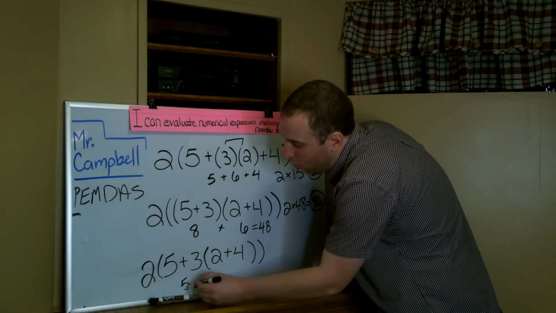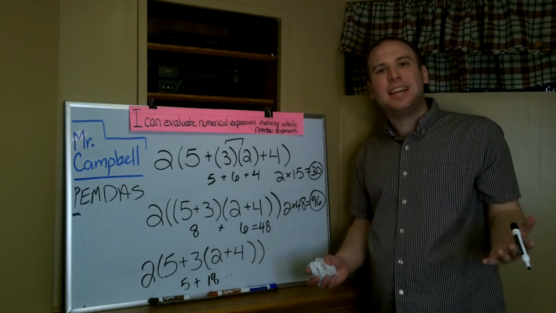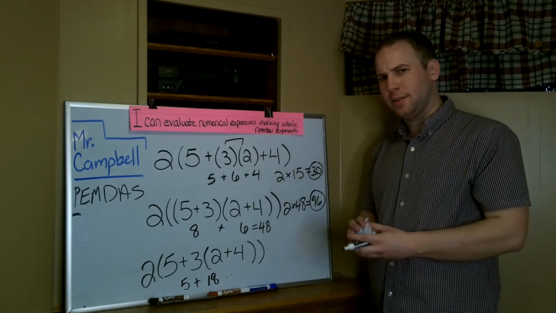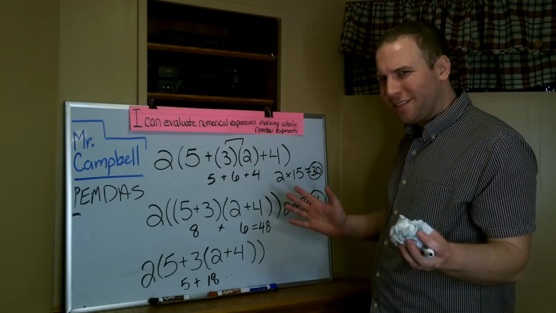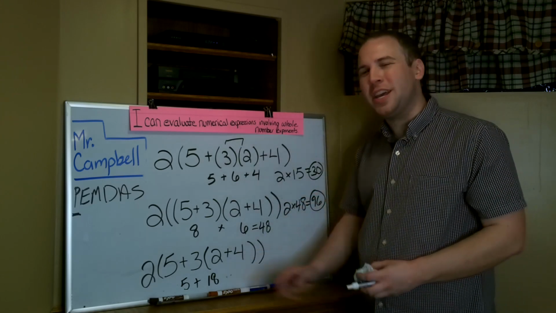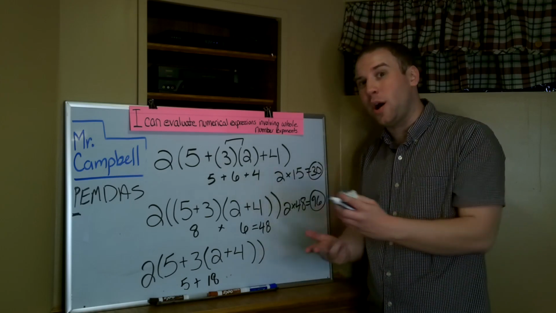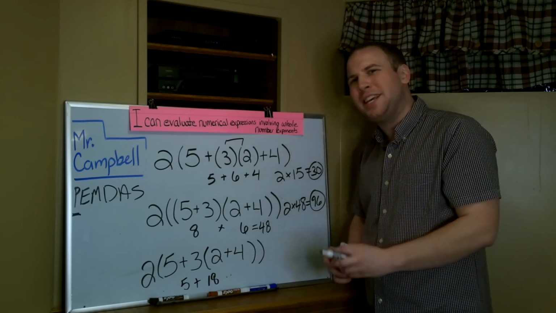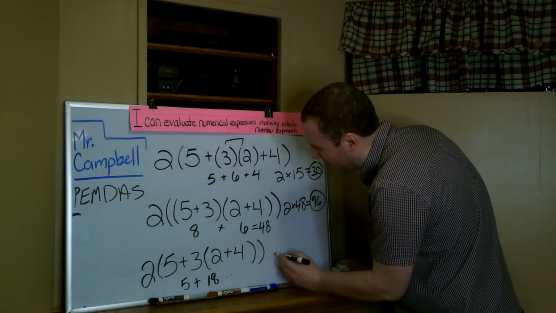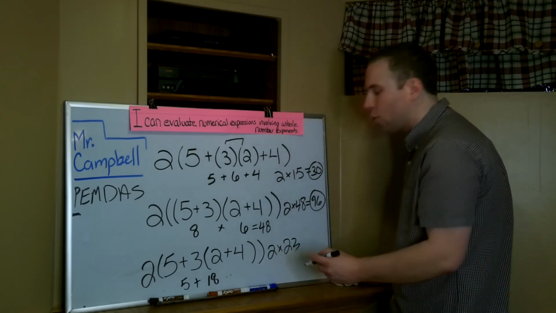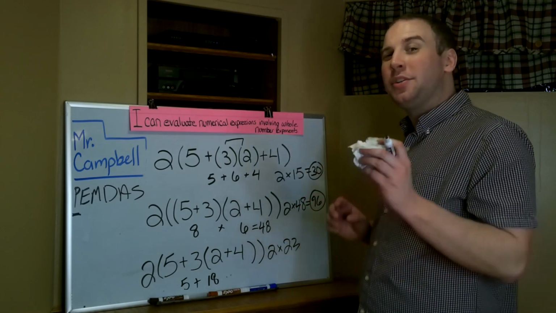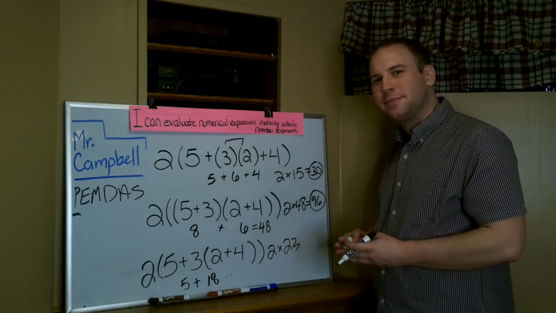So now, 5 plus 18 is what? Can anyone tell me? That's right. If we look here, 18, 19, 20, 21, 22, 23. You are correct. So now we are at 2 times 23. Now, can anyone tell me what 2 times 23 is?